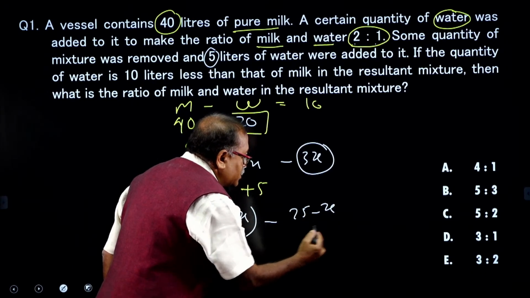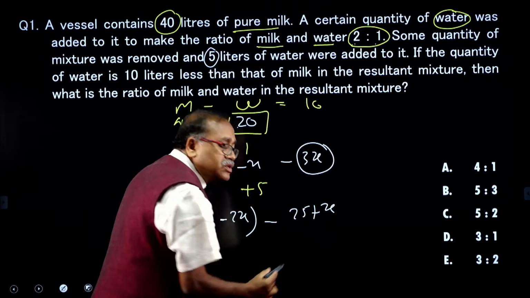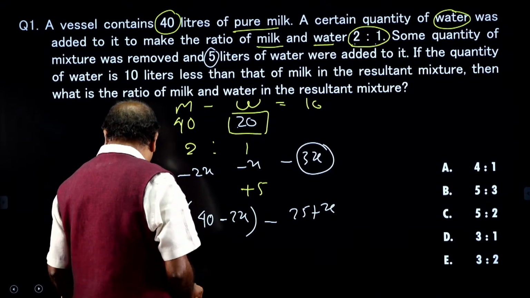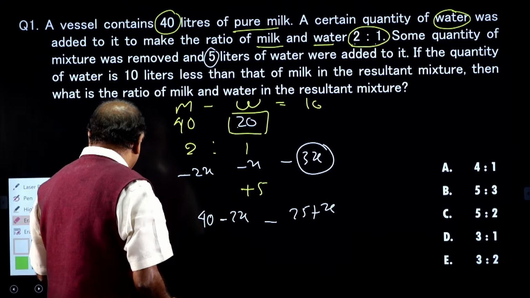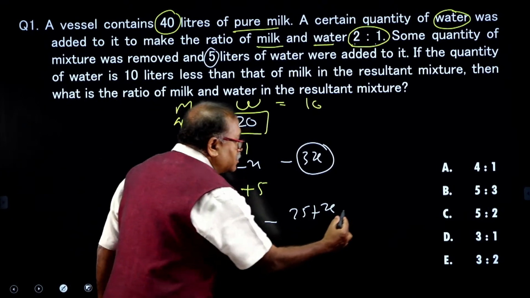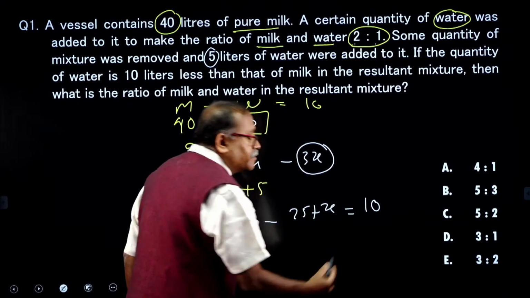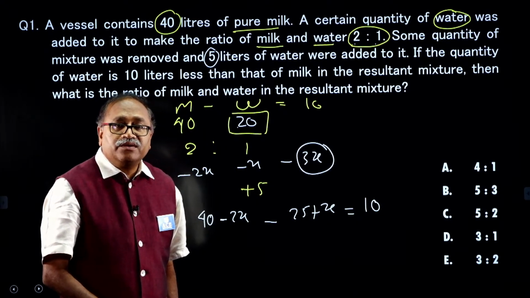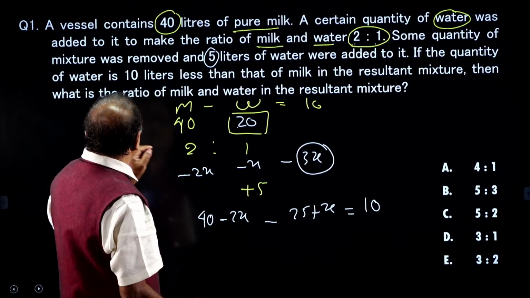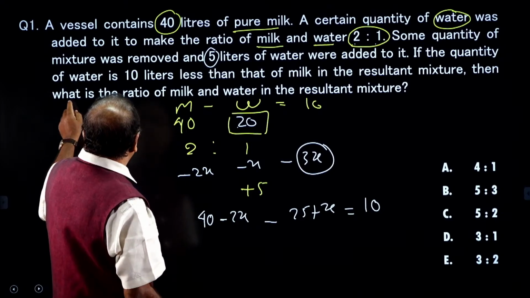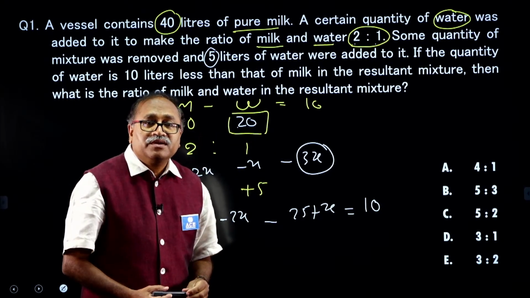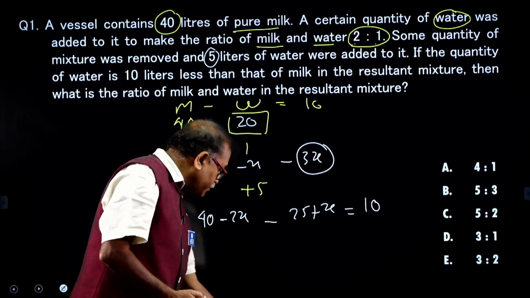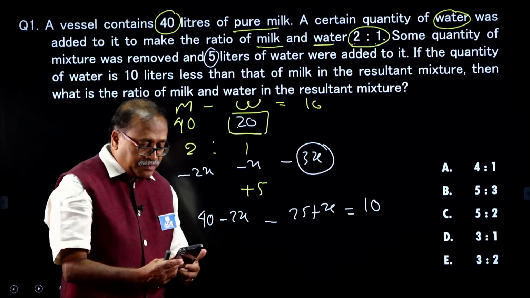When I open the bracket this will become plus x, and that is equal to 10. Will I get the x value? Yes. Once I get the x value, what do I have to do? Then find the ratio of the milk and water in the resultant mixture. You can find it out, my dear friends. Anyone answering the question?